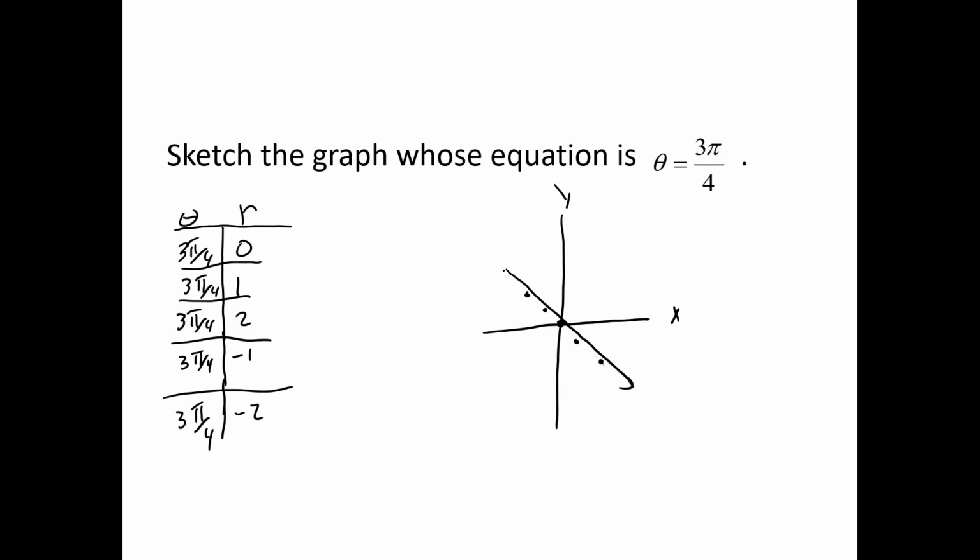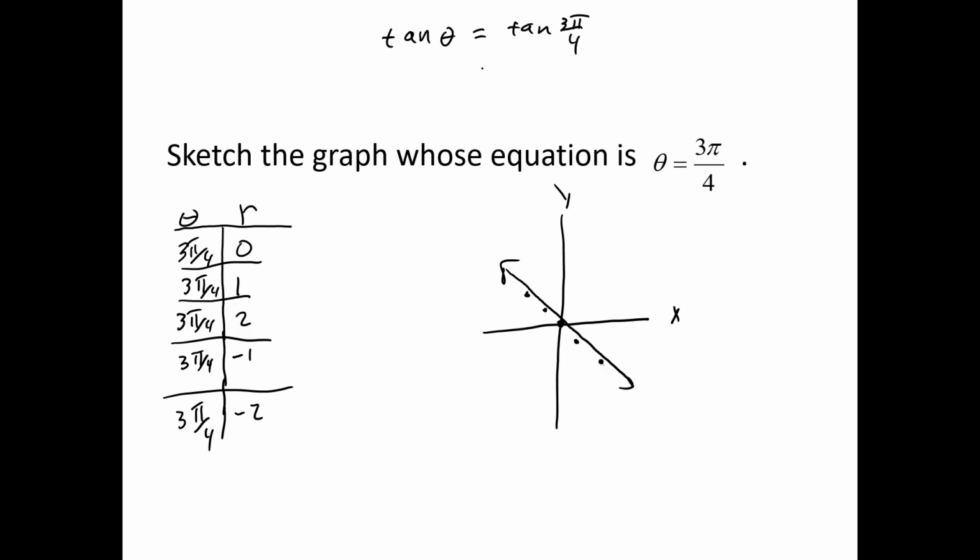And it should make sense that the polar equation theta equals a constant, whatever that constant may be, is going to be a line, right? And we can see that by taking the tangent of both sides. If theta is equal to 3 pi over 4, then the tangent of theta is equal to the tangent of 3 pi over 4.